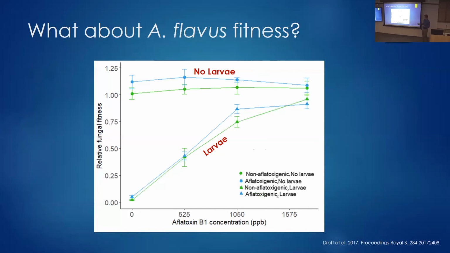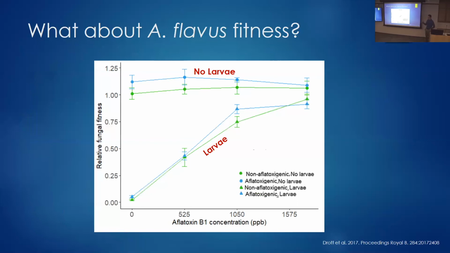However, in the presence of larvae, you can see with the 9 larvae competing with the fungus, there's a dramatic reduction in fungal biomass compared to no larvae. And this is ameliorated as the aflatoxin concentration increases. In fact, these last 2 points here at about 1.7 parts per million are not significantly different, whereas these two are about 20 times different. So adding aflatoxin to the medium clearly increases fungal fitness.